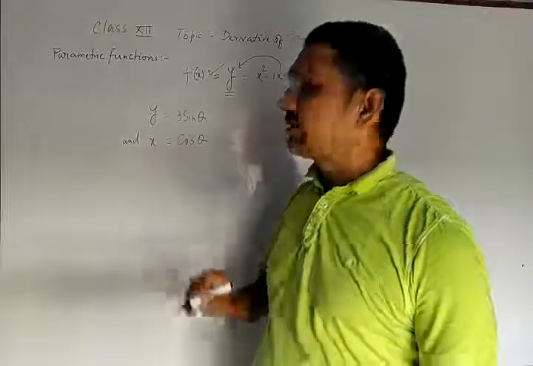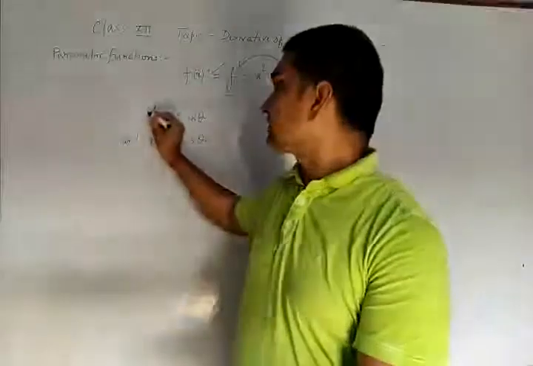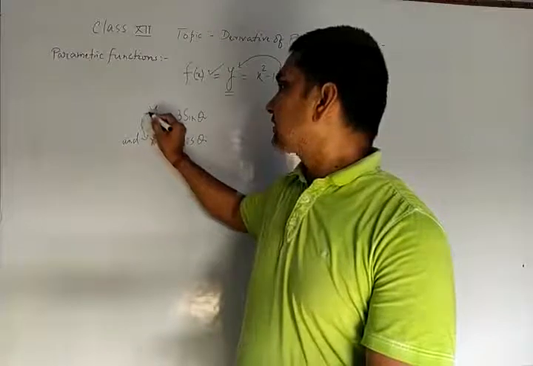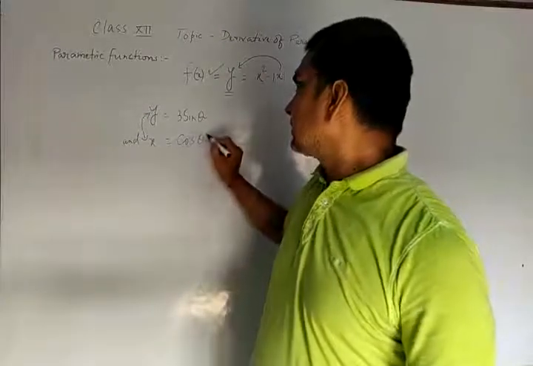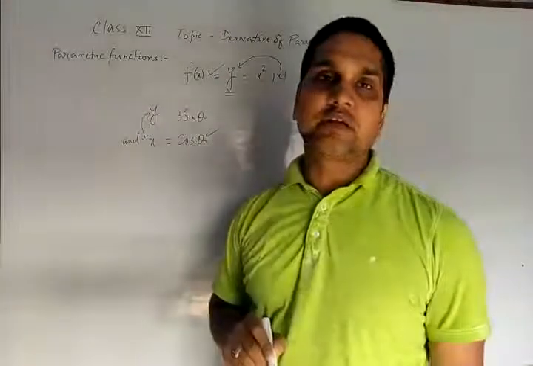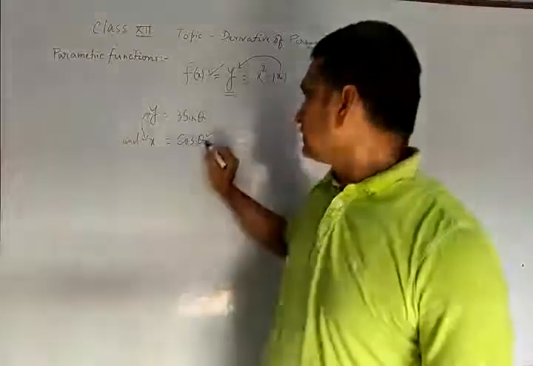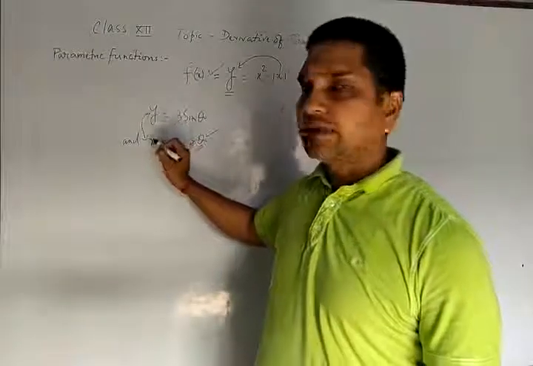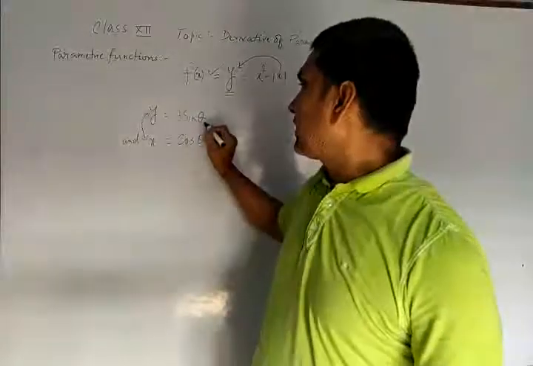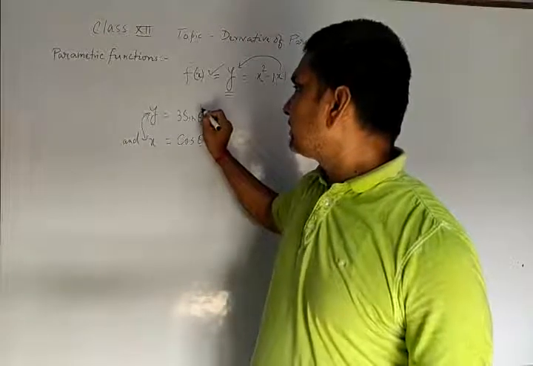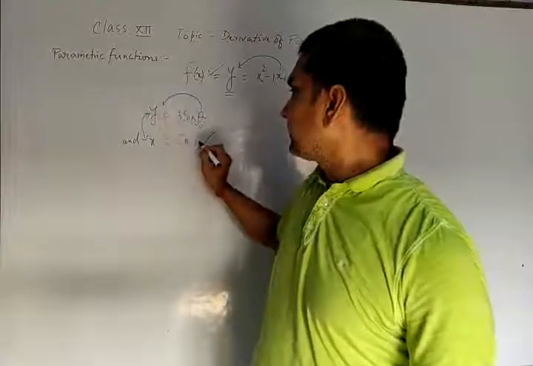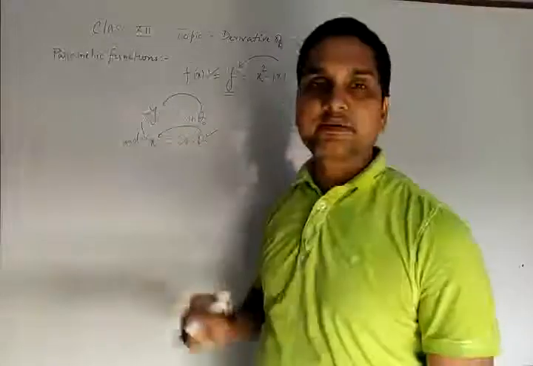So how can we connect these x and y? Look, x is well connected with this theta, as theta decides the value of x, and y is also well connected with theta. Is it or not?